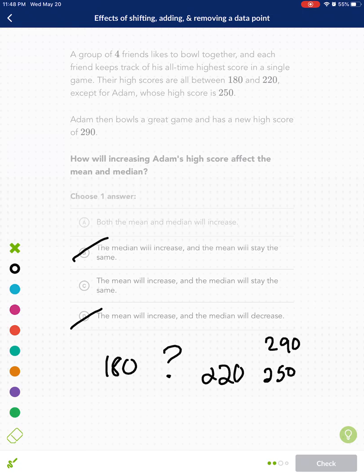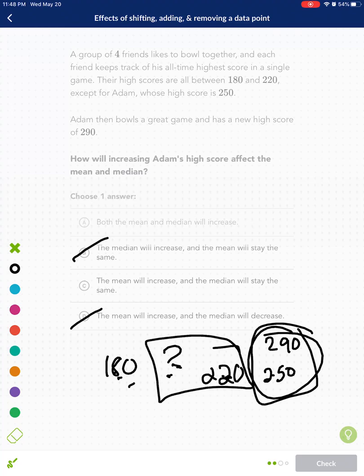So it's going to increase them both. Wait, let's see. 1, 2, 3, 4. Actually, the median will stay the same because we have 1, 2, 3, and we're picking between these two, right? So 1, 2, 3, 4 values. If we have 4 values, the median is going to fall between these two values regardless, right?